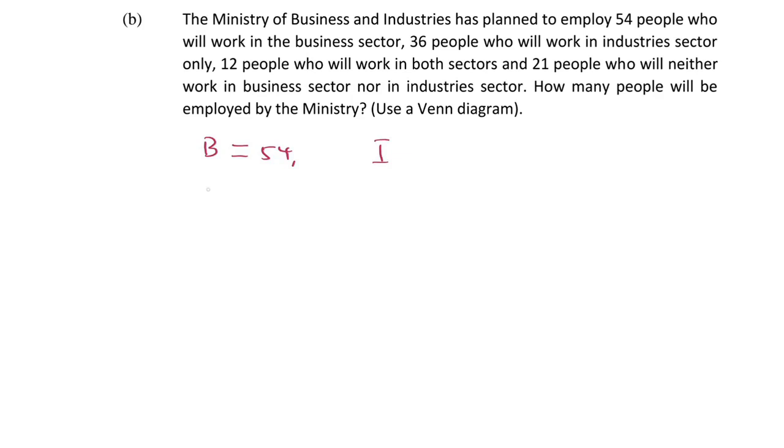To find employees in the business sector only, we take 54 minus the number of people who work in both sectors, who are 12 people, which gives 42 employees. Next, we sketch our Venn diagram and represent this information in it.